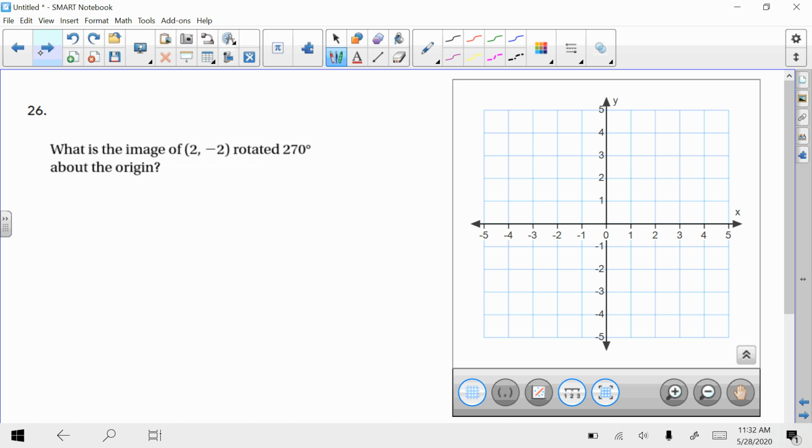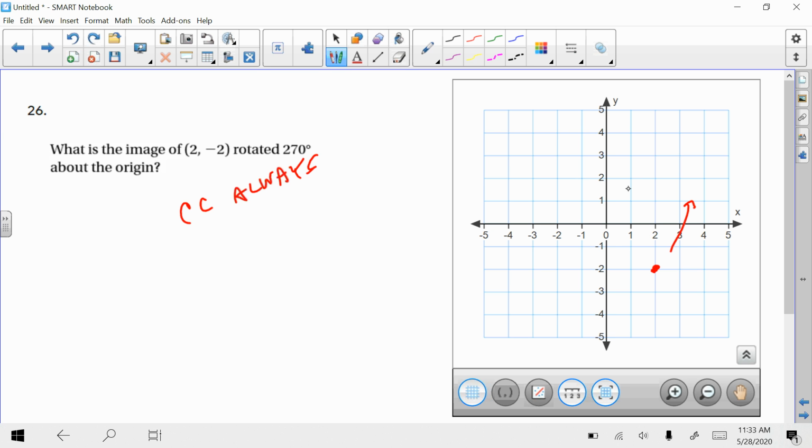What is the image of (2, -2)? So that's this point right here. Rotated 270 degrees about the origin. Now remember that when you're rotating, you rotate counterclockwise always, unless it says clockwise. So we're going this way.